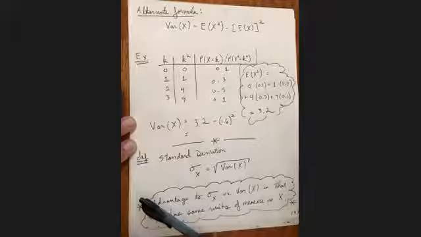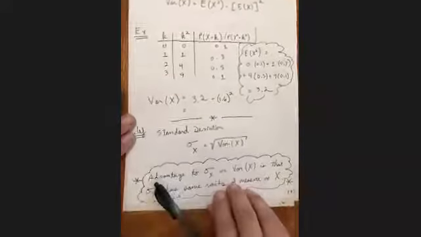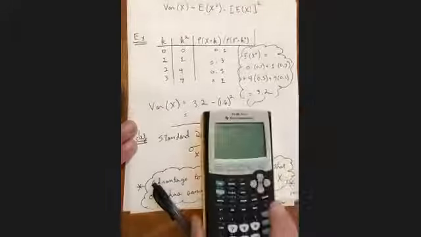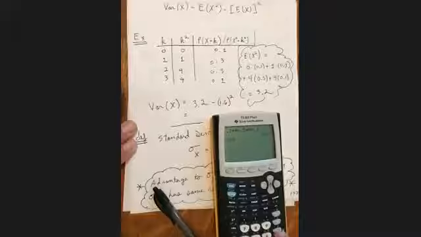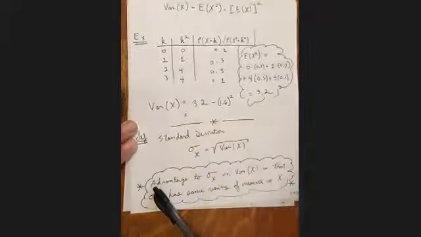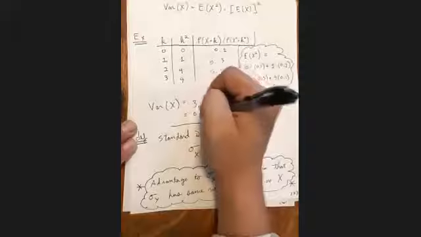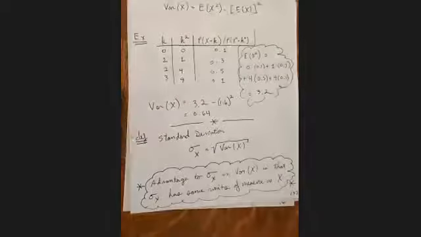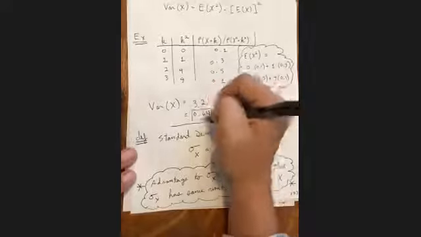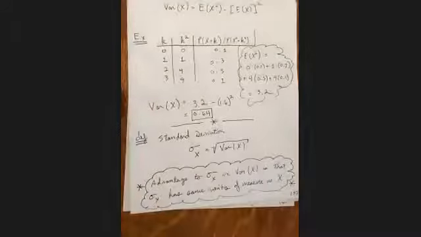So 3.2 minus 1.6 squared is 0.64, same value. So you can see how that is a simpler process than doing all that long table and doing all those individual computations. But it really depends on the context.